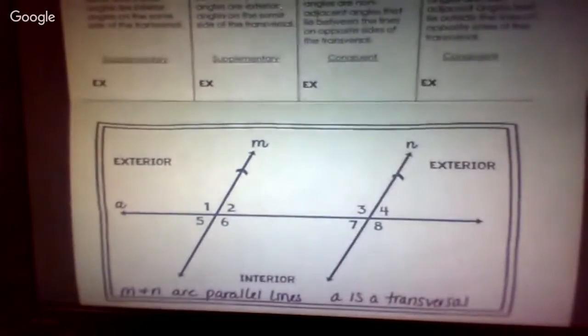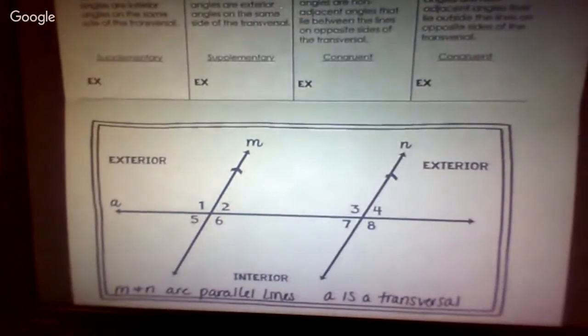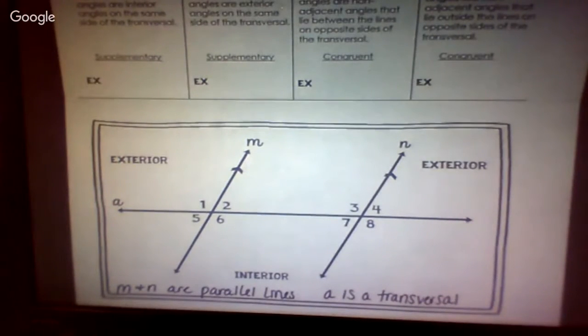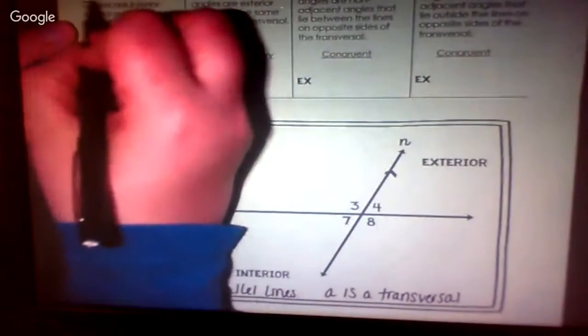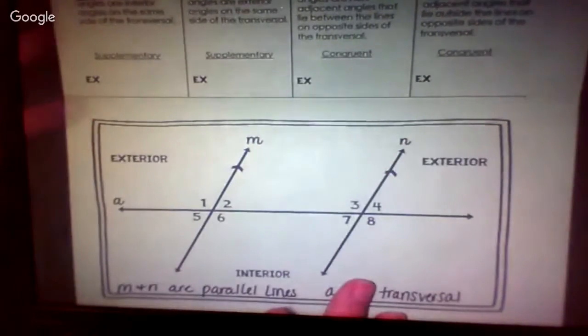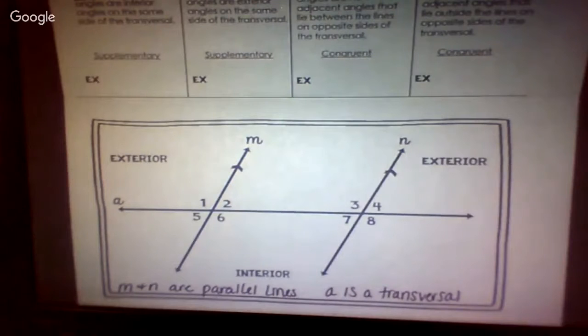So when we're looking at this picture, this first flap on the left says same side interior angles. Okay, think about it. Same side. When they talk same side, they need to be on the same side of the transversal.